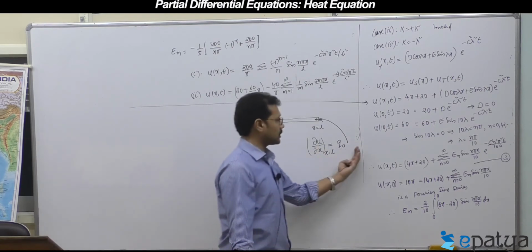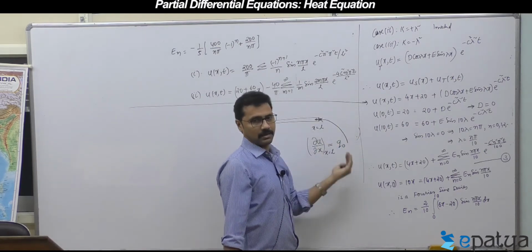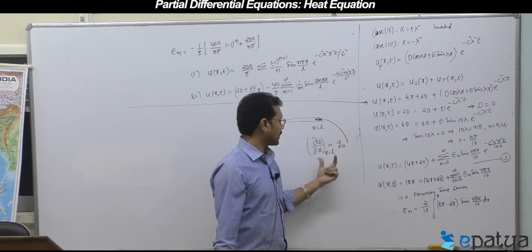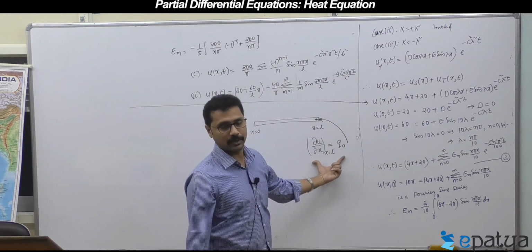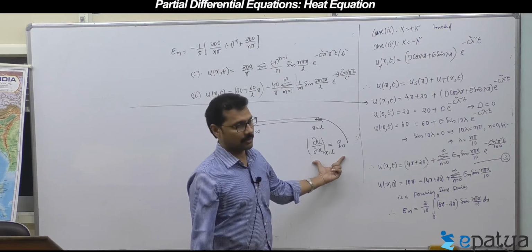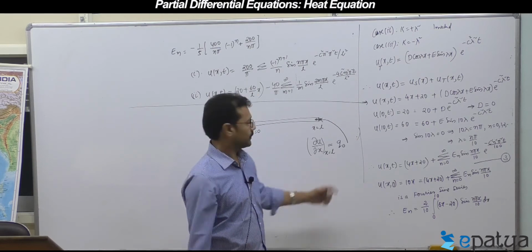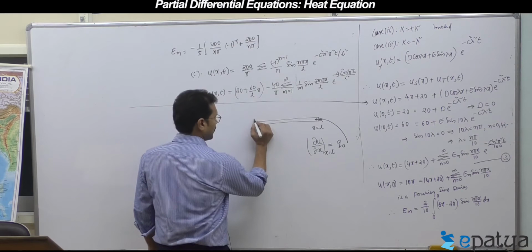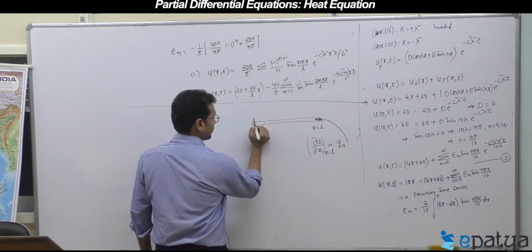This is a constant heat flux maintained at x equal to L. Then the condition that I am going to take is dou u by dou x at x equal to L equal to Q naught.